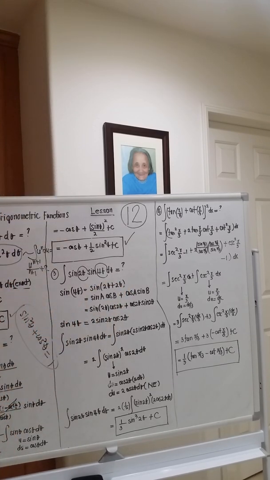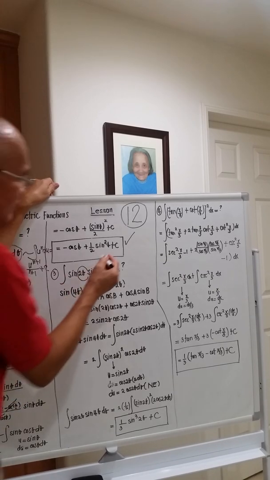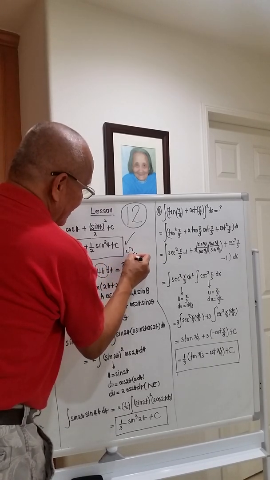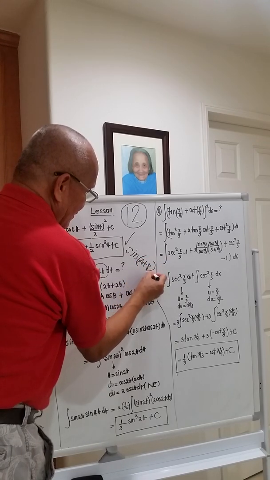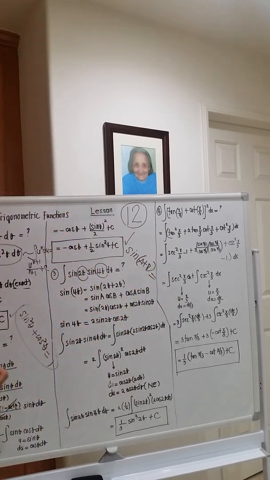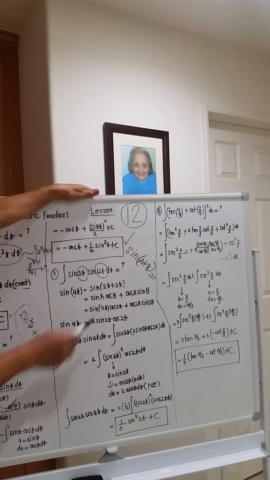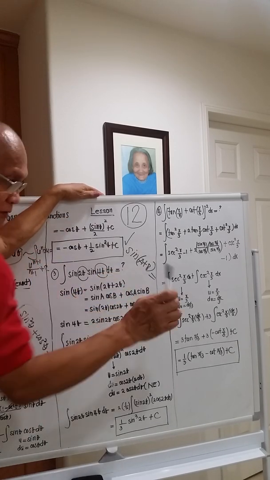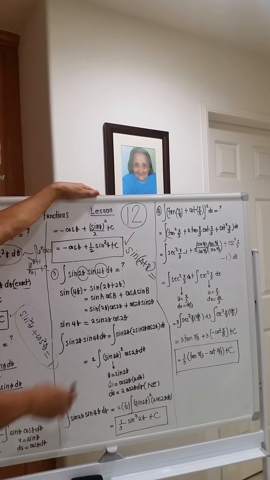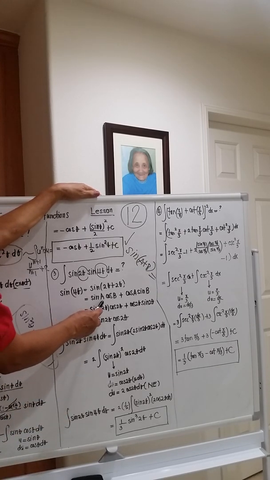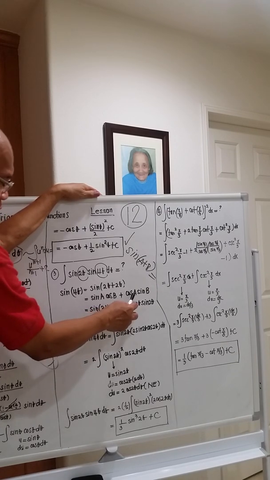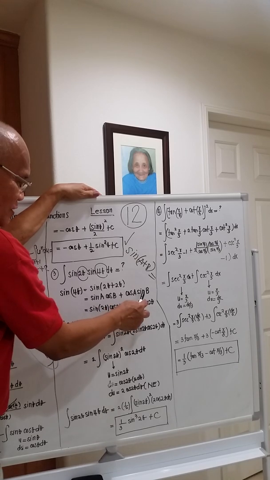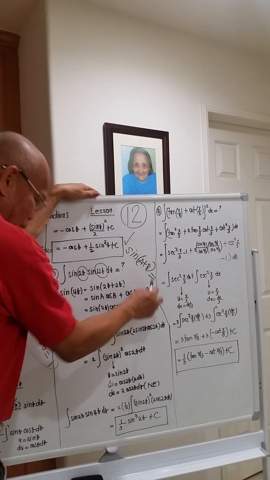And this is similar to the form sine of A plus B. If we recall the equivalent of this, it will be the sine of the first angle times the cosine of the second angle, plus the cosine of the first angle times the sine of the second angle.